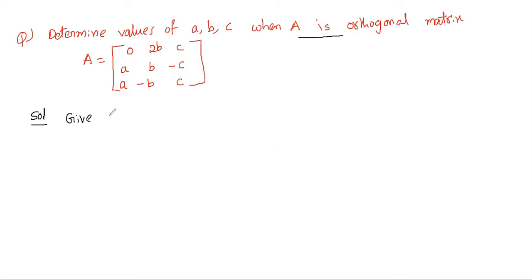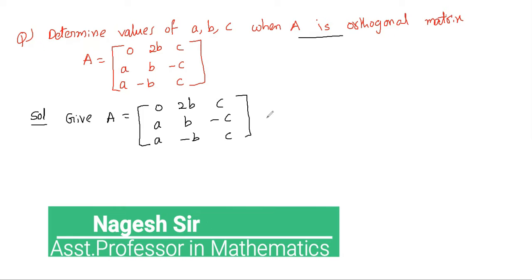Given matrix A is equal to [0, 2b, c; a, b, -c; a, -b, c]. Next, its transpose.